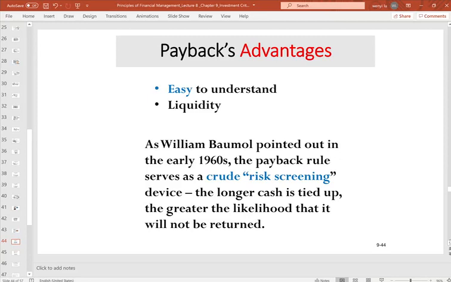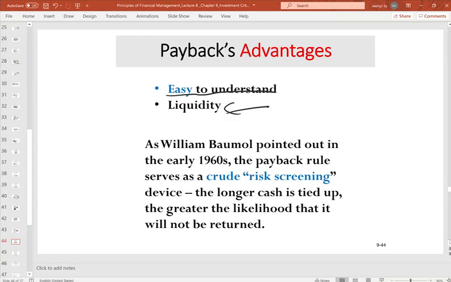So our payback period is very easy to understand. And it also measures liquidity, because it shows you how soon you recover the cost.